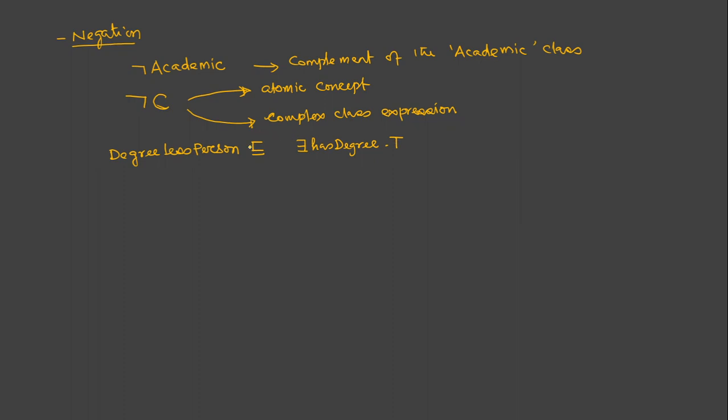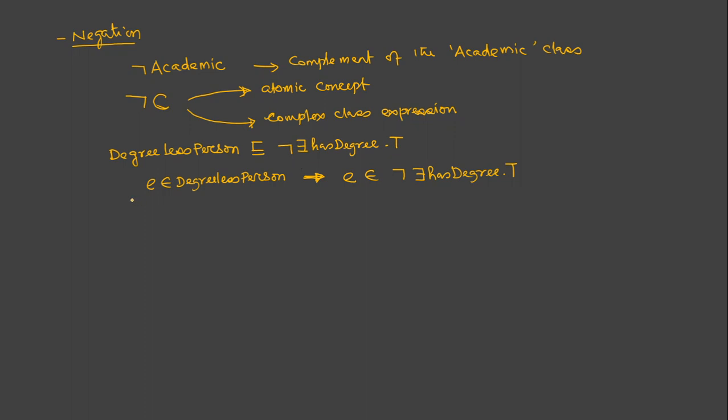Now you are defining this degree-less person. An entity who is a member of this degree-less person also implies that E is a member of something that does not have any degree, right? So this is how we interpret this statement.